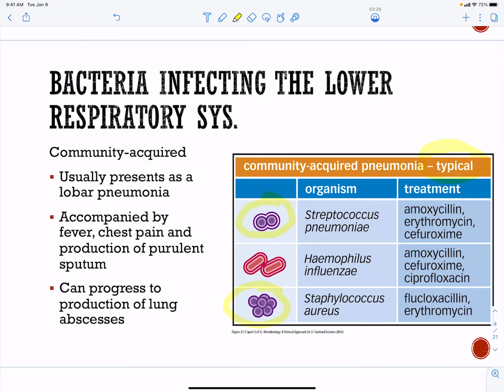So typical pneumonia is what we really think of as pneumonia. It's a lobar pneumonia. You're going to have flu-like symptoms, fever, pain, chills. You're going to get purulent sputum. Purulent is pus-forming sputum, and that's because of those neutrophils that are moving in. And this can lead to damage to the lung and the formation of abscesses.